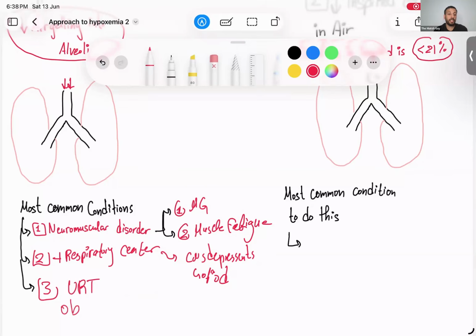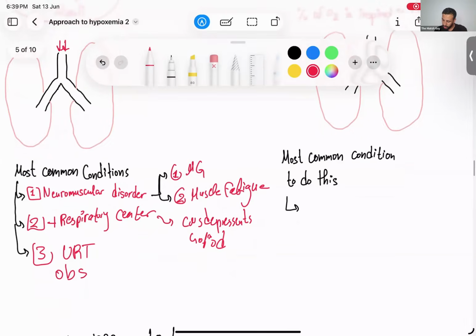Yes, pregnancy and diaphragm, there are a lot of causes, guys, but anything that leads to decreased respiratory muscle effort is going to cause hypoventilation. Those are the main things that cause hypoventilation.